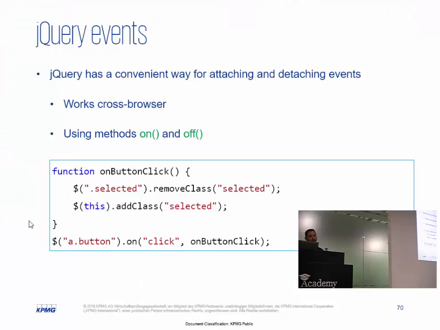Events, we've seen events. So here's a button, and we want to attach the click event. There are also specific extension methods for click, so if you want to attach a click event, you can do it with a shorthand, without going through on and then specifying click. You can just say .click, do something. So here we are specifying a function, and we are attaching it to the click event.